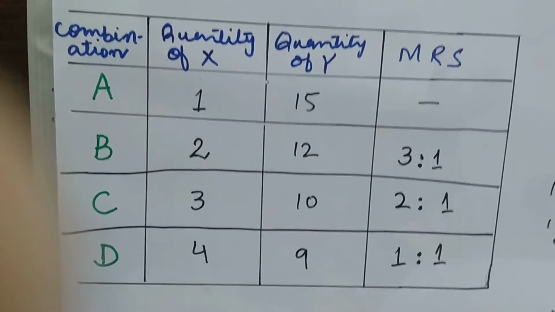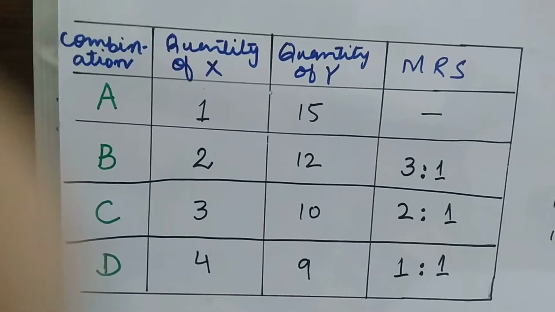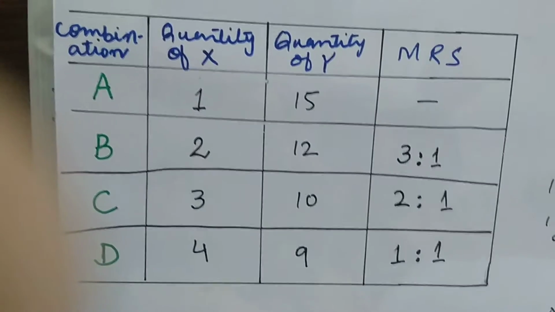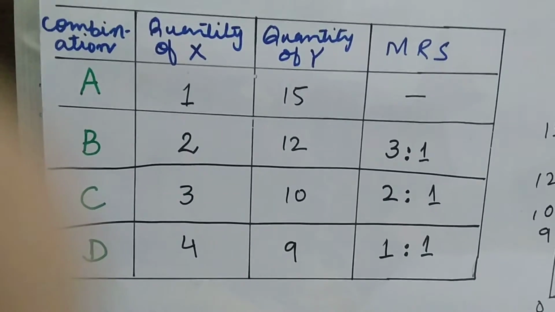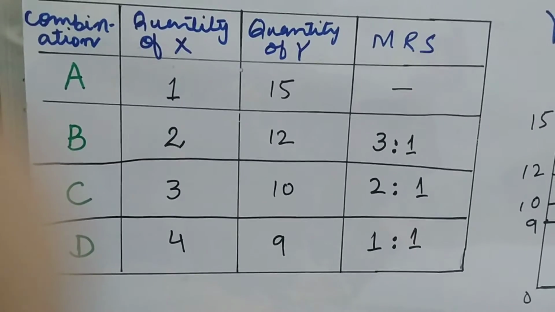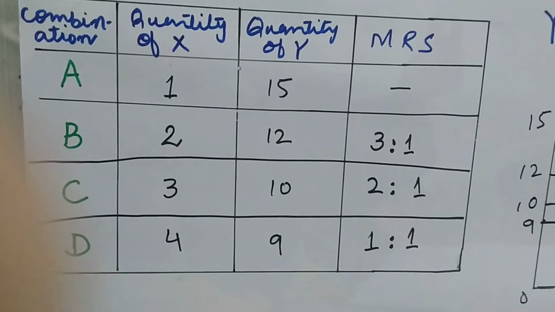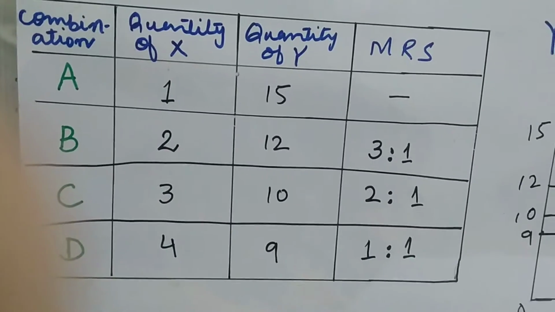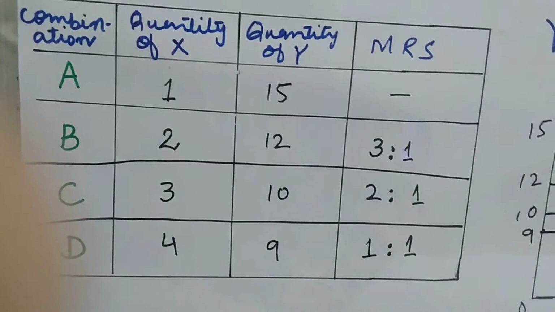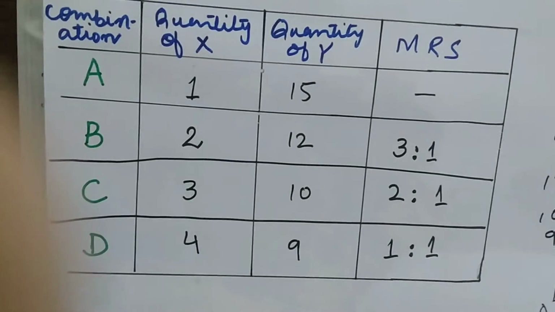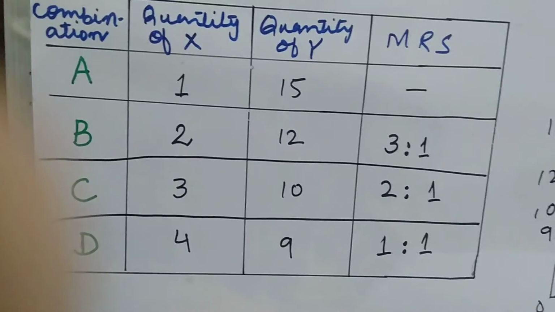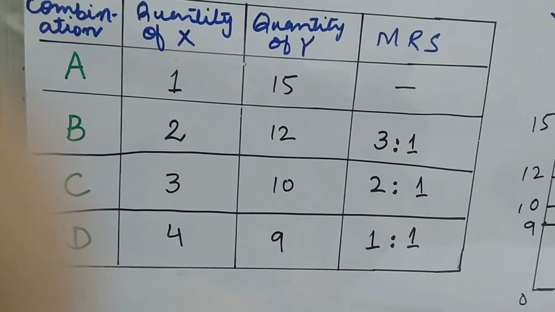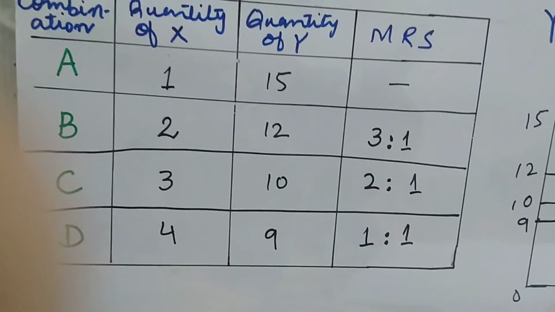We are consuming X and Y together, but to get an additional unit of commodity X, suppose apple, we have to sacrifice 3 units of commodity Y. Suppose commodity Y is banana. The ratio for combination B in the marginal rate of substitution column is 3:1.